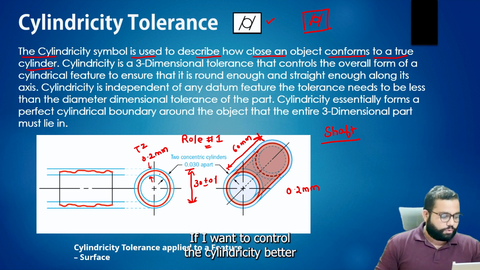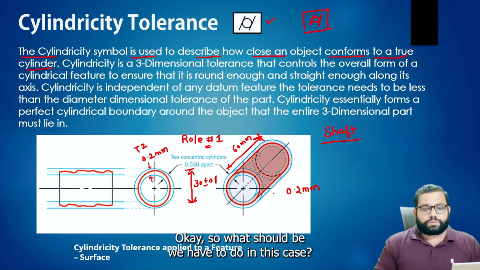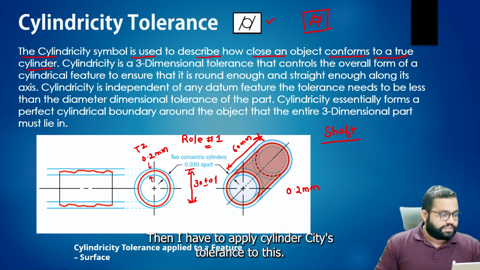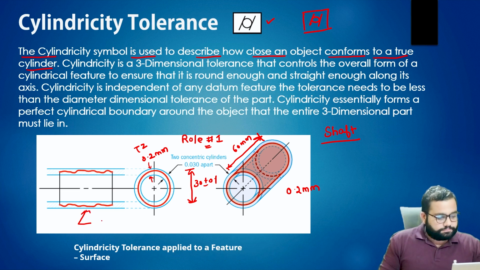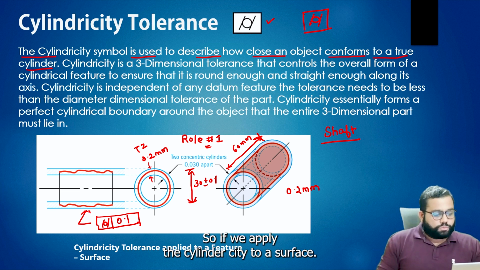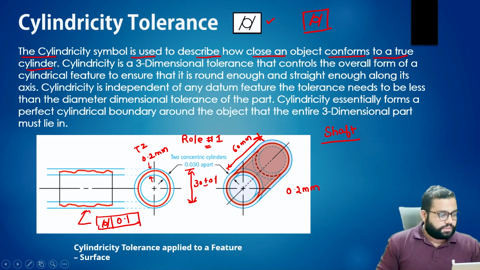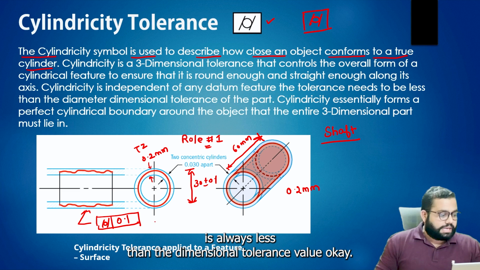If I want to control the cylindricity better, then I have to get out of rule 1. So what should we do in this case? I have to apply a cylindricity tolerance to this. When we apply the cylindricity tolerance in the feature control frame, like this 0.1 mm, the geometric tolerance value will always be less than the dimensional tolerance value.